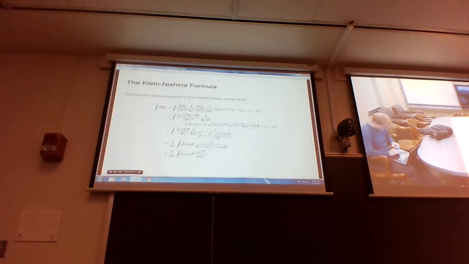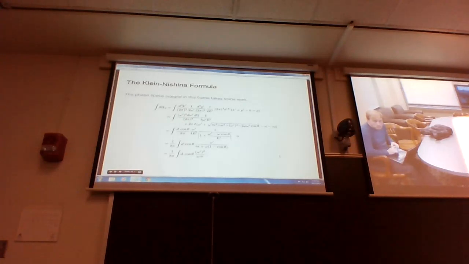So you have to use that relationship for the delta function of a function of some variable that you want to integrate over. That goes like 1 over the absolute value of the derivative at the roots of the equation, or something like that. I can't remember exactly, but that's what's going on here. So as you go from the second to the third line, that's what is being used.